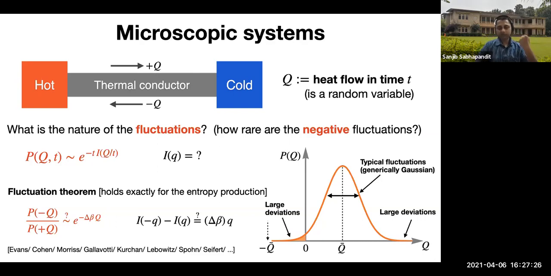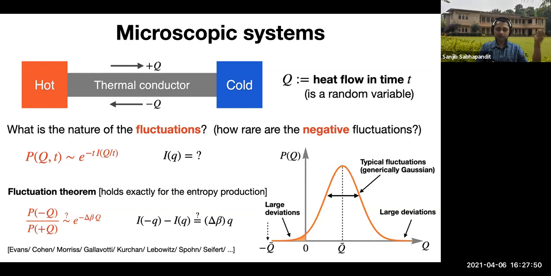In this context, there is something called the fluctuation theorem, which is actually a theorem for entropy production, where you can show it exactly. But since heat, work, and entropy are similar quantities, you might expect that it also has a similar form.